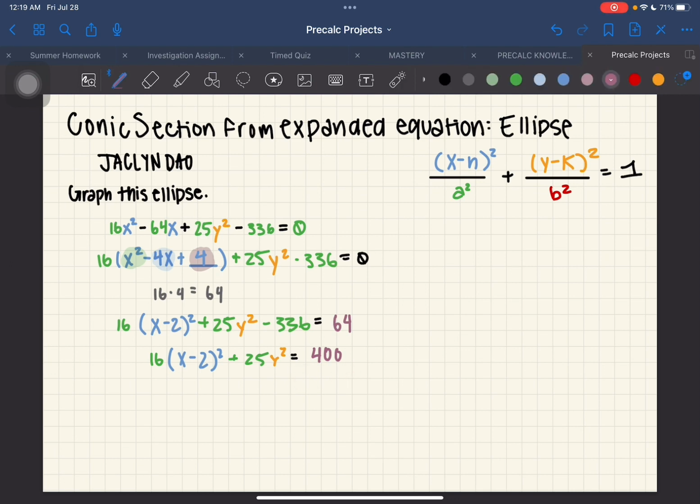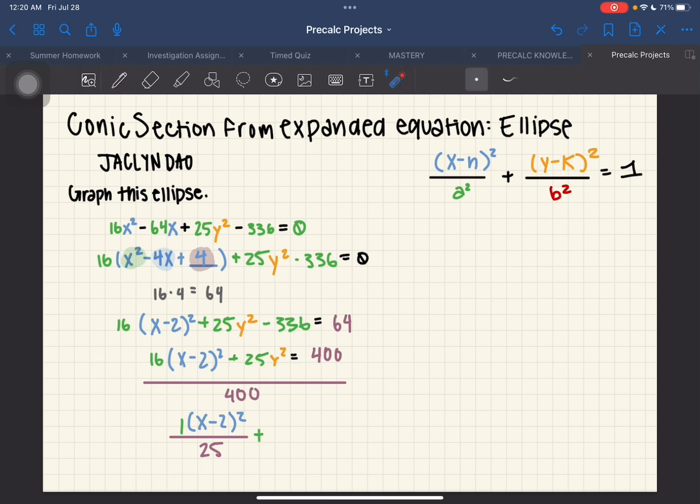To fix that, we can divide the entire equation by 400, where we get 16 over 400, which can be simplified to 1, times (x minus 2) squared, all over 25, plus 25 over 400, which simplifies to 1, times y squared over 16, equals 1.